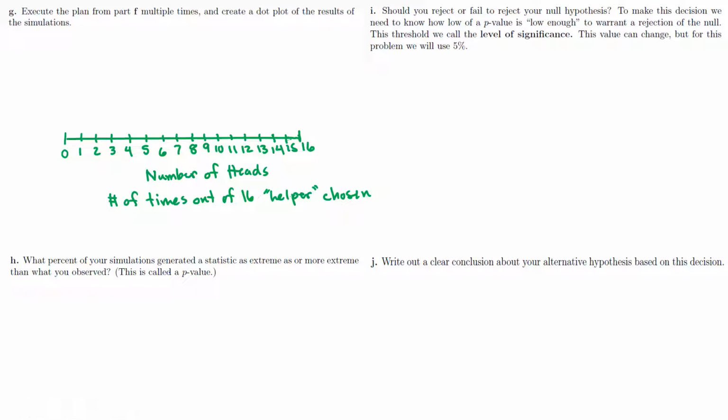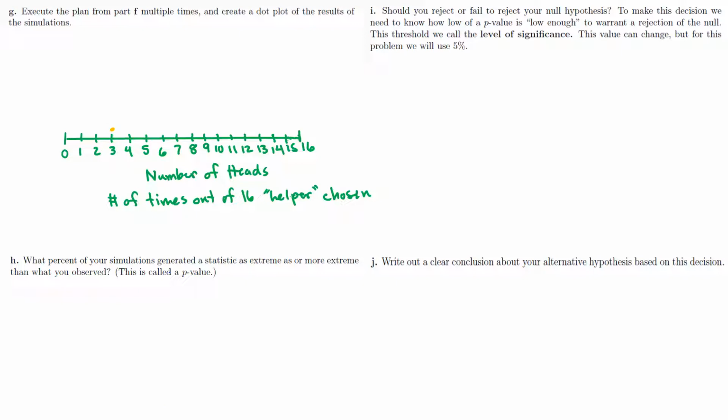All right, so I can go ahead and plot this, and I'm going to switch colors here. I'll do this in orange. On 0, 1, and 2, I don't have anything. On number 3, I've got 1 dot.